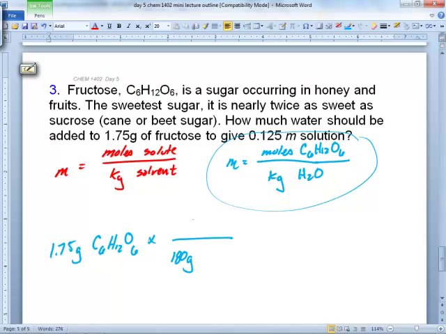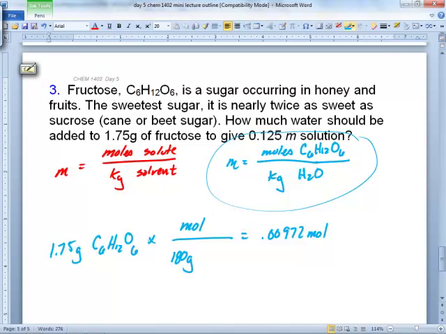Good. 180 grams in a mole. And then I get, did anybody get the number of moles? 0.00972. Did anybody else get that? Okay. So that's our moles.